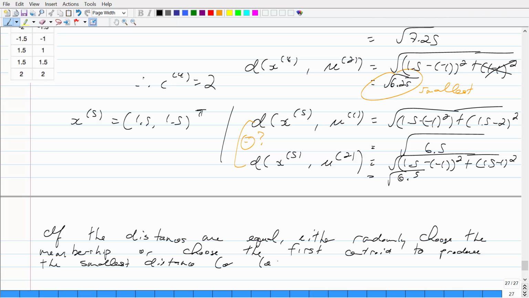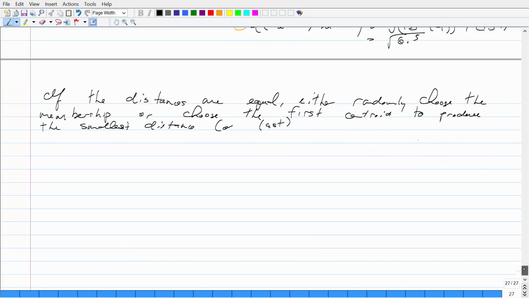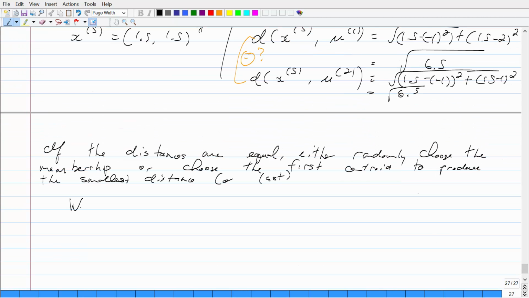But we're going to choose the first one, and I will make sure the distances are unique so there's no ambiguity. So we choose the first time we've seen this calculation. Whichever centroid gave you that distance the first time you encounter it, that's when you choose. So in this case, the membership would be 1. That's what we're going to do to make this example work.